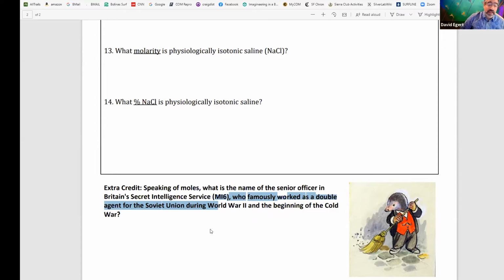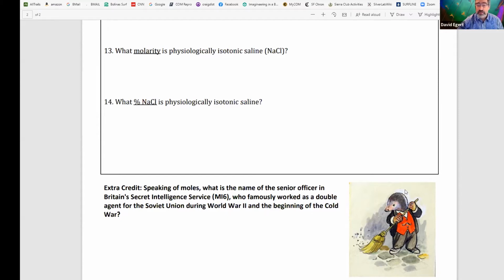Or if you read they were working for the Russians and spying on the FBI, that doesn't make sense here. So some people wrote down interesting famous spies or double agents, but you needed to make sure that they were a senior officer in British intelligence, a double agent working for Russia, the Soviet Union, and that the time period was correct. World War II and the beginning of the Cold War. And then Kim Philby's the main dude who comes up.